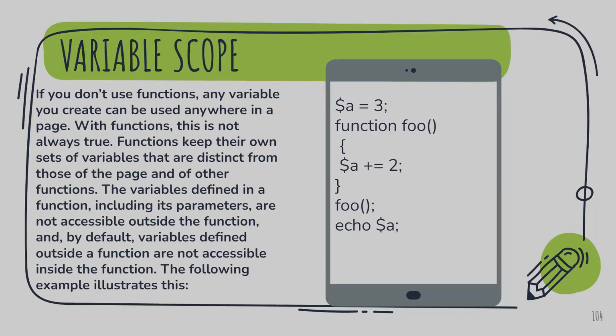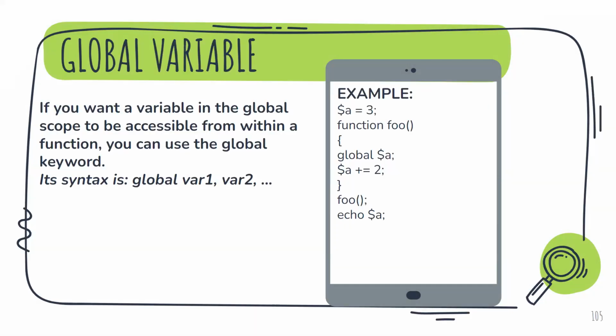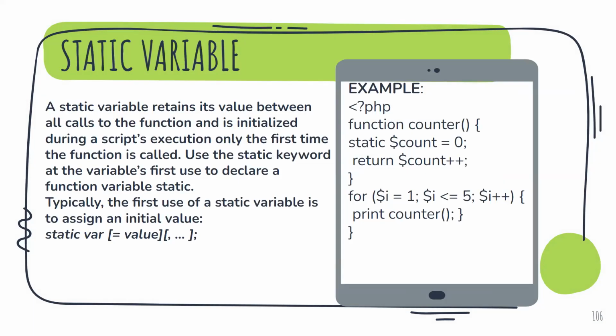Next, we'll look at the different types of variables used in the program, and the variable scope of the functions. There are two types of variable scopes, that are global variables and static variables. Global variable. If you want a variable in the global scope to be accessible from within a function, you can use the global keyword.